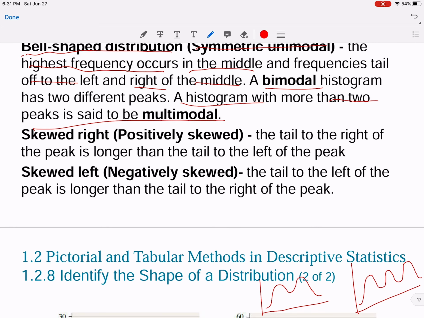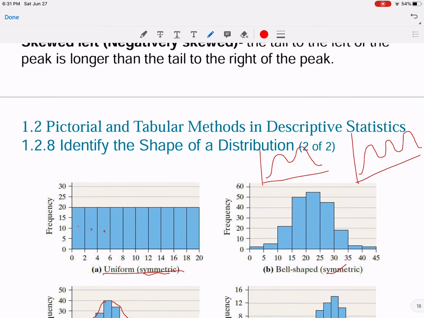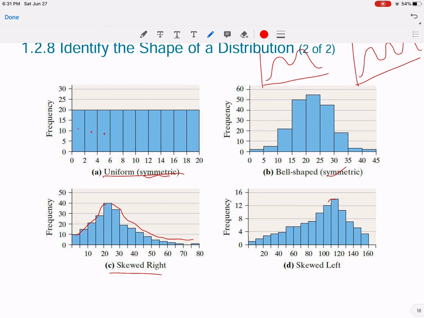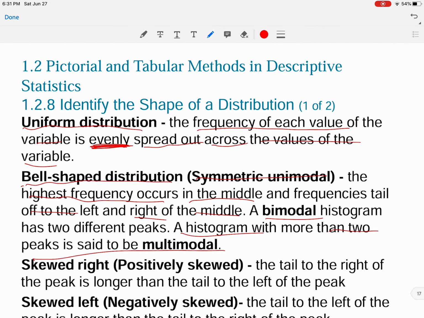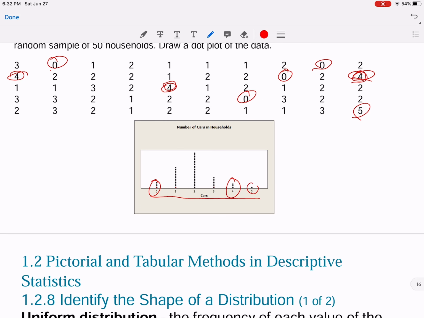And for skewed left, which is also called negatively skewed, the tail to the left of the peak is longer than the tail to the right of the peak. And this case is skewed left. And that's pretty much all I want to talk about in this video.